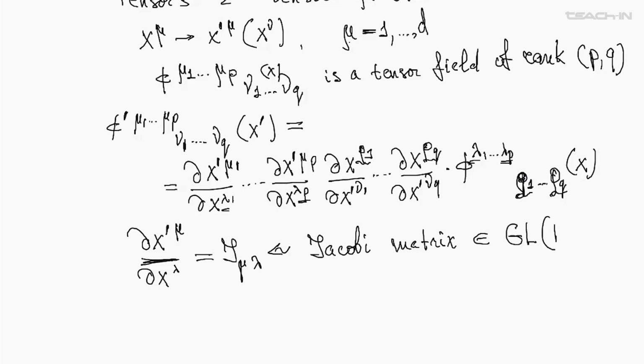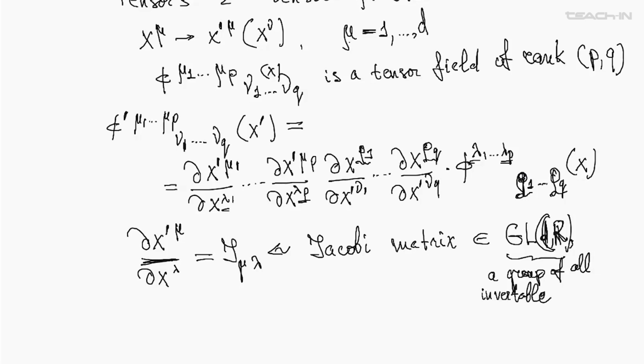D means dimension, and R means that this is a real matrix, a matrix of real numbers. So this group GL(D, R) is a group of all invertible D by D matrices.